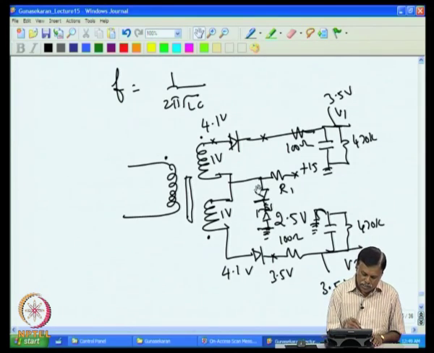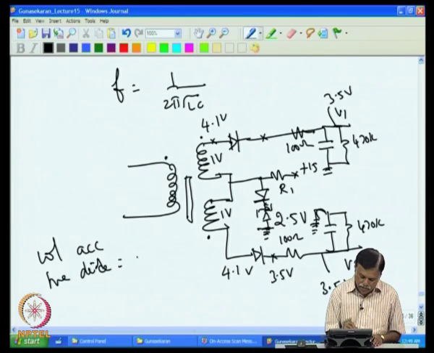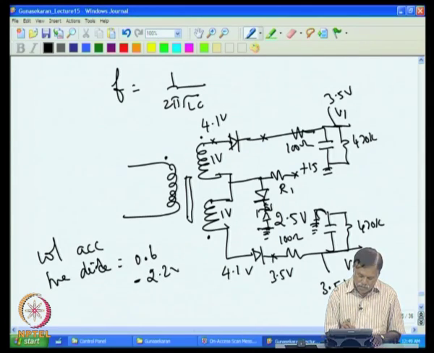It would be 0.6 minus 2.2 millivolt into the temperature difference.